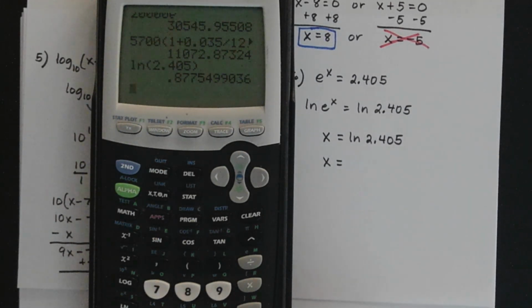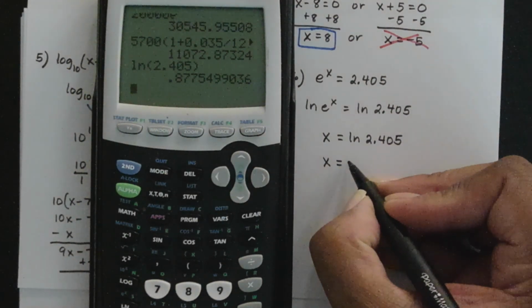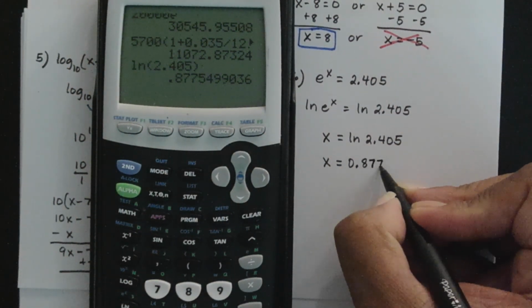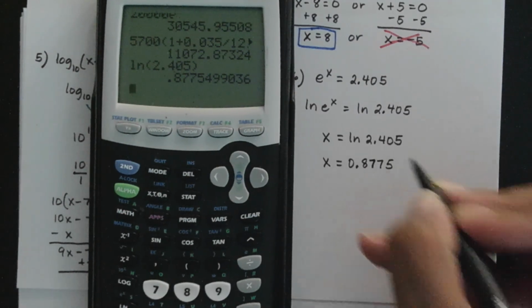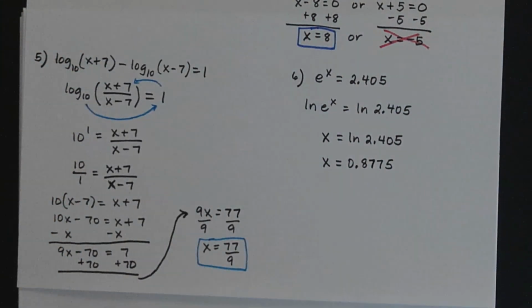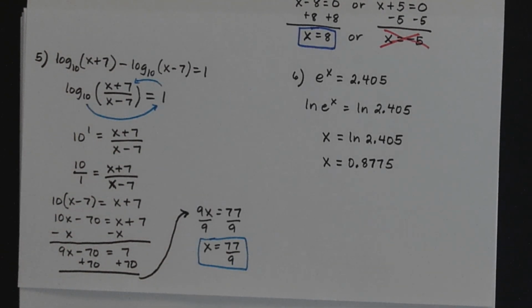And to 4 decimal places, this will be approximately equal to 0.8775. Okay. All right, questions on number 6.